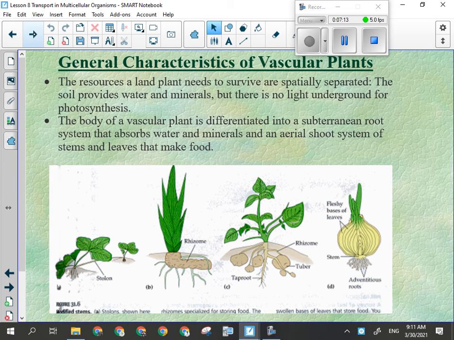Okay? Some plants have adapted to use their roots to store energy. Okay? The one you see there in the middle here, okay, this is like cassava, which is in the potato family. It's kind of like a potato, but doesn't really look like one, okay? But it's really starchy, okay, like potatoes are, right?